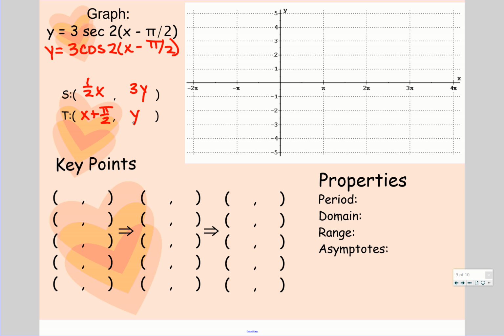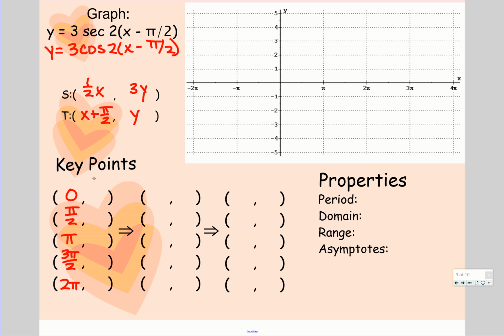Okay, key points for cosines. Remember, sine and cosine are all the same. They start at 0 on your unit circle. Every pi over 2 units are the radians that we're using, every quarter rotation around our circle. So 0, pi over 2, pi, 3 pi over 2, and 2 pi.